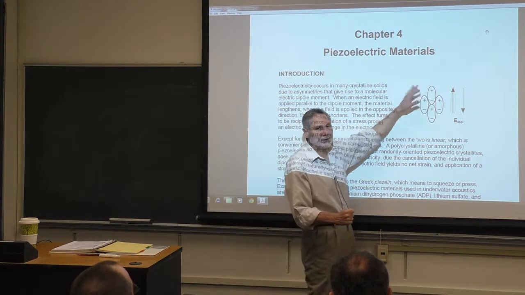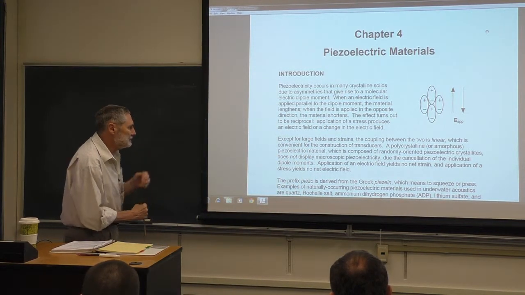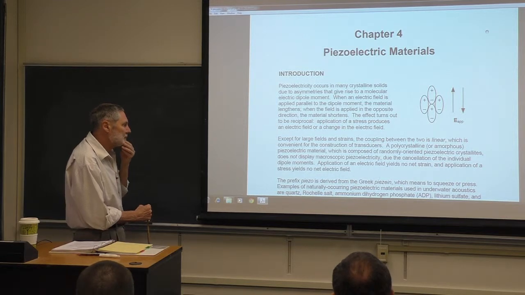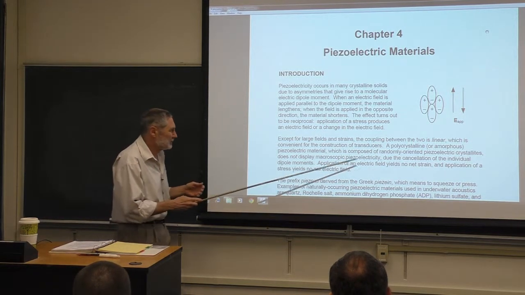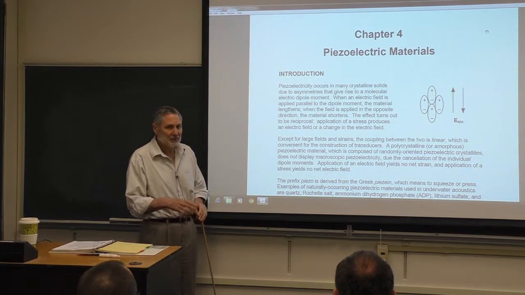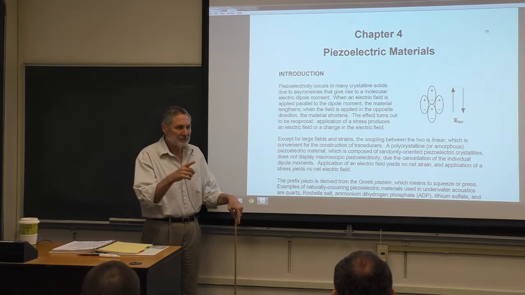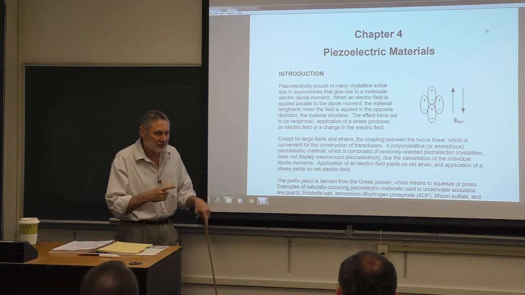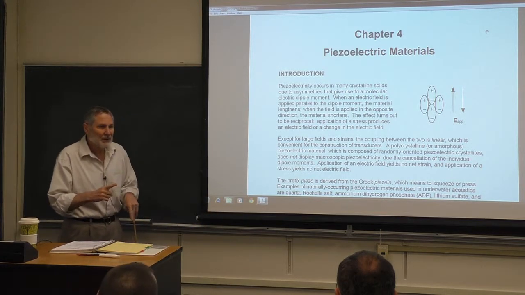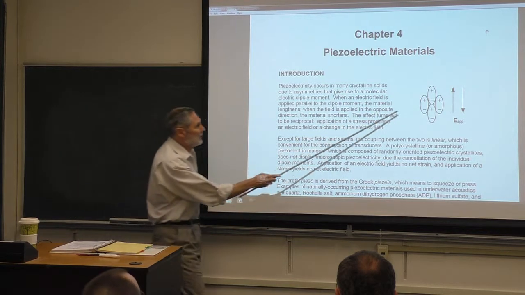So there'll be a nice linear regime here. Now, I want to make sure you understand something. You can have a piezoelectric material where the individual molecules or atoms have a net electric dipole moment, but they can be randomly oriented, not in a regular fashion like that.